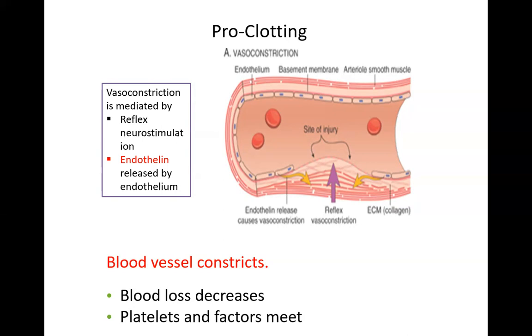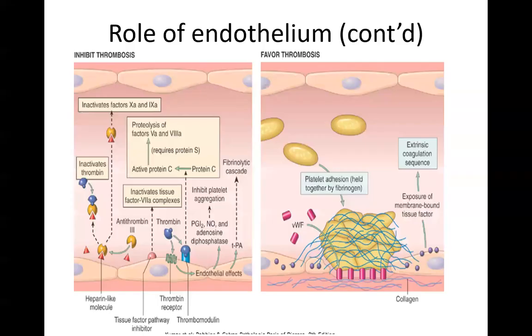Both of them lead to vasoconstriction. So this is the first response. And the purpose of this is to try and stop bleeding, or at least try and narrow the wound so that bleeding can stop. This is the first step after any trauma.